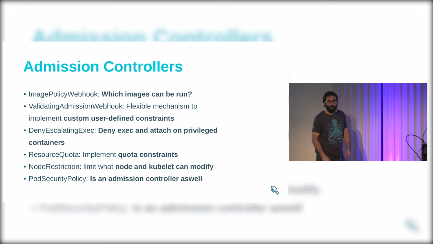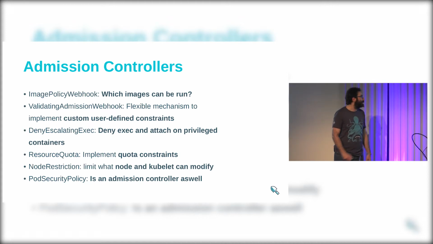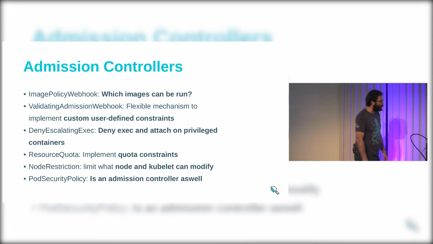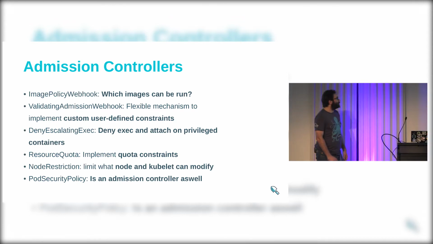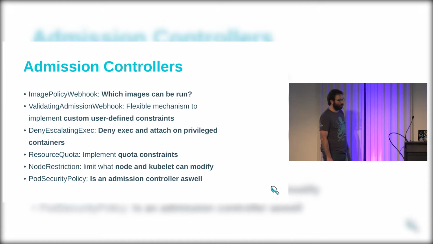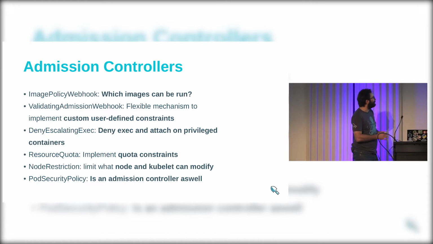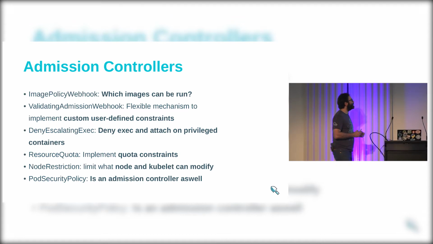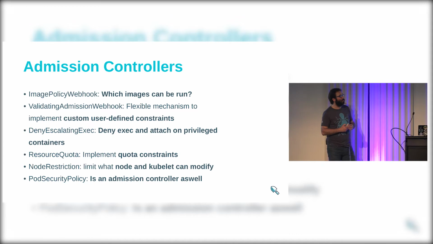For example, the one that I just explained, the image policy webhook, we can use this admission controller to control which images we want to run. We can also have several for resource quota, to forbid scheduling some pods that can be resource hungry.